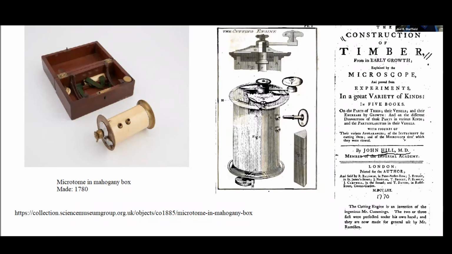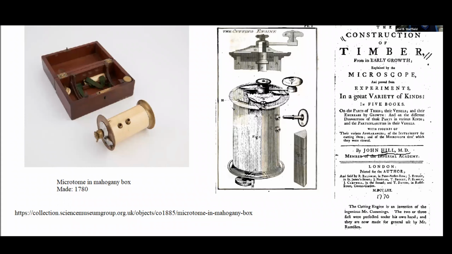And he wanted to be able to cut slices that would be extremely thin, but also be, in a sense, something that you could get a stack out of. And so what he did was he had this man by the name of Mr. Cummings put this thing together, and then a producer named Ramsden actually produced these for sale.